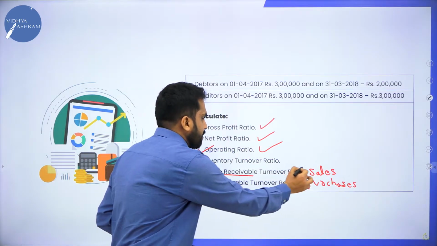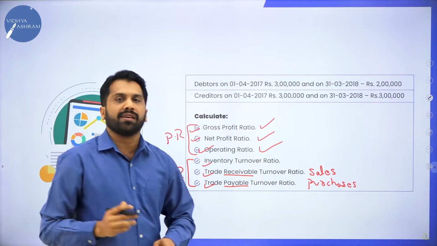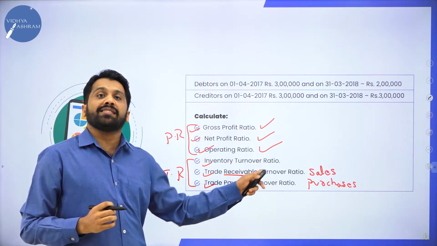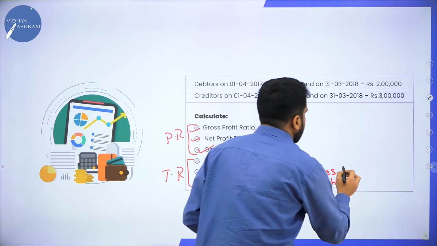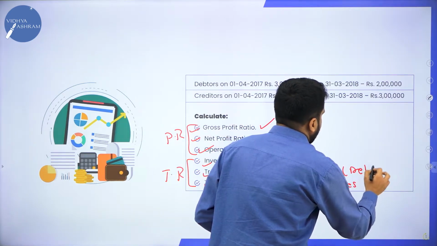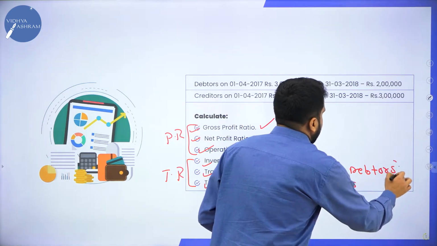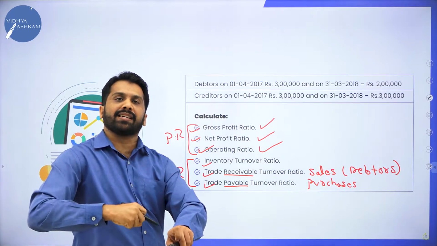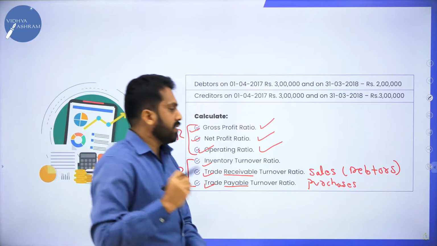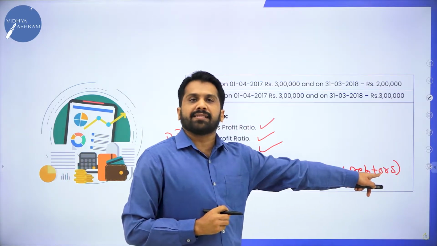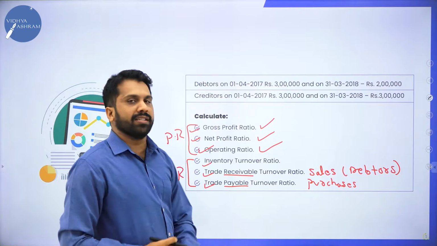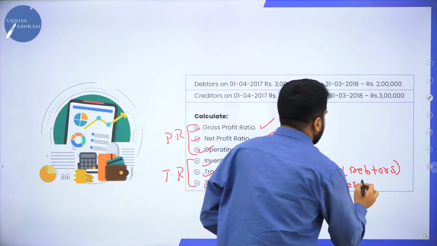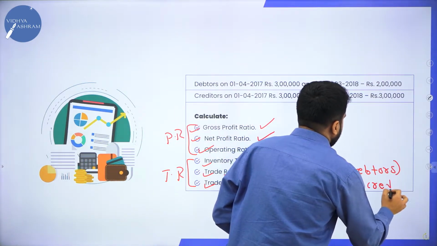Receivable means what? Sales. Payable means what? Purchases. Sales deals with what? Debtors. You have sold your goods, but money has not yet been collected. For them, what do we call? They are called debtors. For purchases, it is creditors.